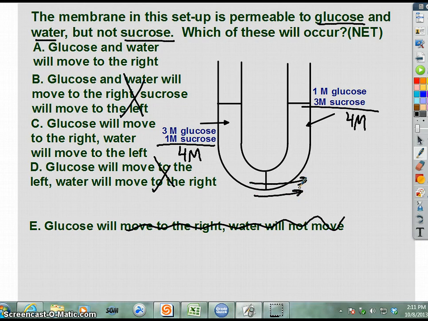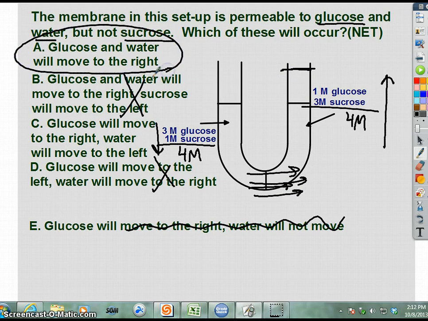And glucose is going to be able to keep going until the glucose itself is even. But what's going to happen is, once the glucose is even, we're still going to have more sucrose on the right than the left. So the entire molarity of this side is going to go up. And the entire molarity of this side is going to go down, which means now this would be hypertonic. So water would also go to the right. So the water level on the right side would go up, and the correct answer is A.